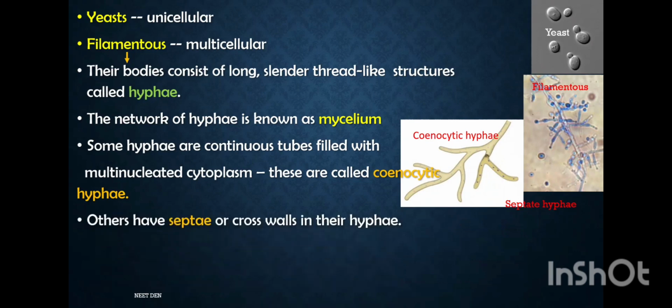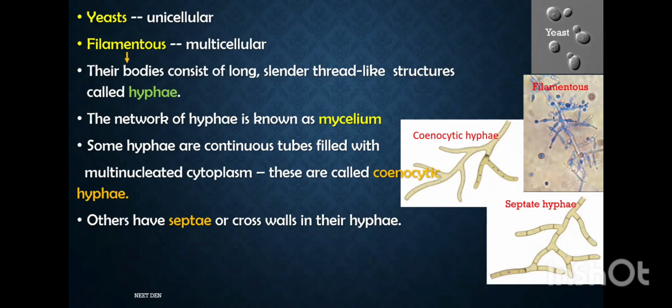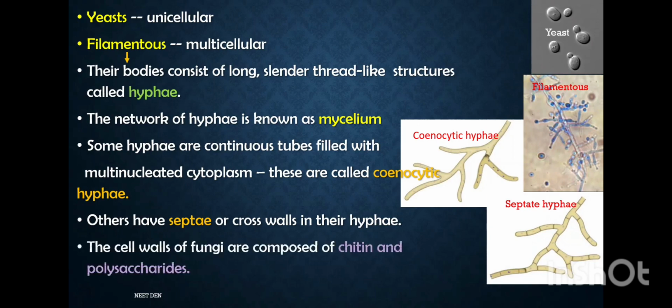Whereas in some fungi, these hyphae have divisions in between. You find that there are septae or divisions, and hence these hyphae are called septate hyphae. Septae or cross walls in between divide the hyphae into different parts.